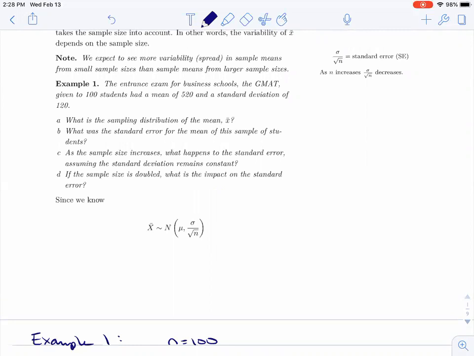As the sample size increases, what happens to the standard error, assuming the standard deviation remains constant?